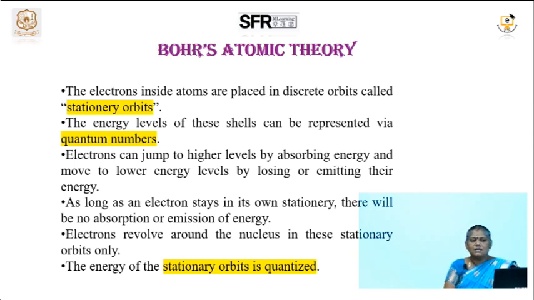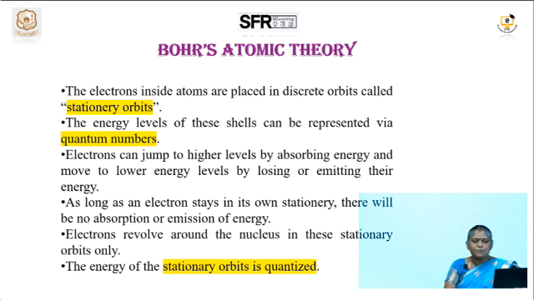The electrons inside atoms are placed in discrete orbits called the stationary orbits. The energy levels of these shells can be represented via quantum numbers.